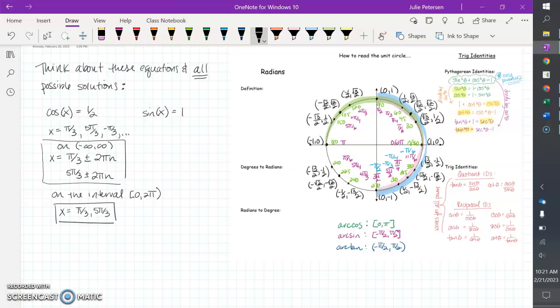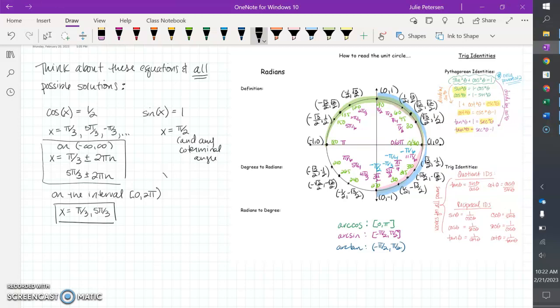So let's think about this now for our next problem, sine of x equals 1. So now we're looking on our unit circle and saying, okay, where does the y value equal 1? So that happens only in one place. That happens up at pi over 2. If we want to identify all the possible solutions, that would be pi over 2, and then we could say, and any coterminal angle.